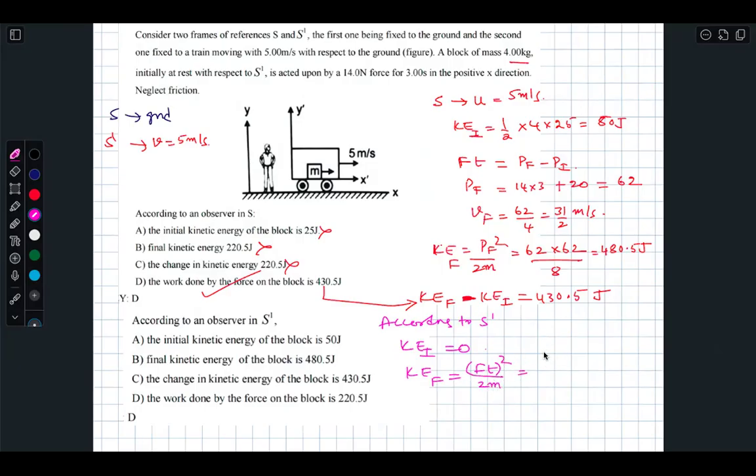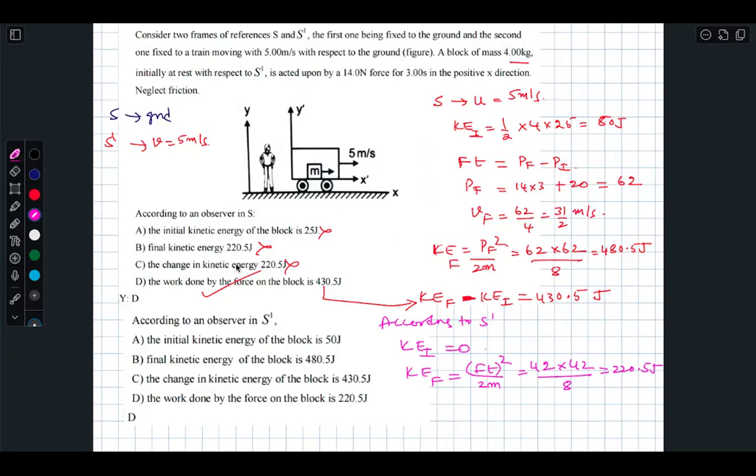F into T is 14 into 3, that is 42. 42 into 42 divided by 8. What is that you are getting? 42 into 42 divided by 8, 220.5. That's why all these answers are given there, to confuse you.